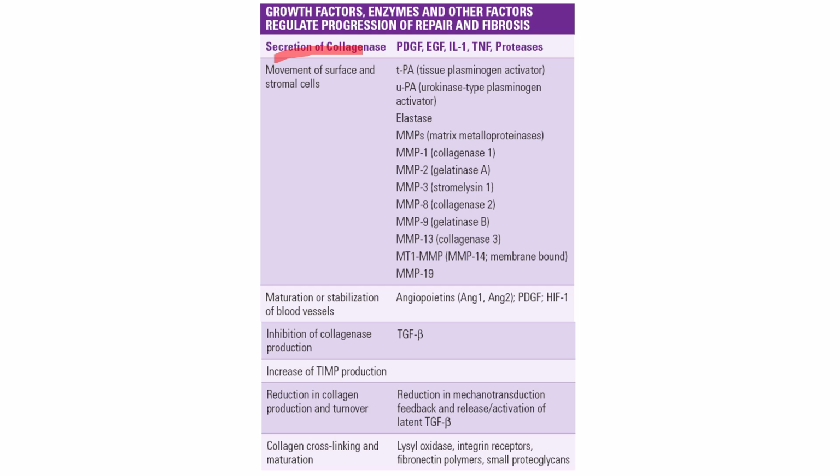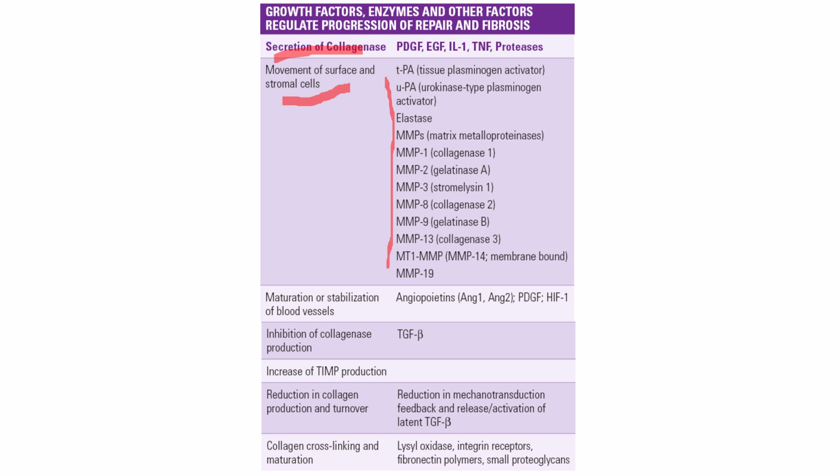And then the movement of surface and stromal cells is regulated by tissue plasminogen activator, urokinase plasminogen activator, elastases, and various matrix metalloproteinases 1, 2, 3, 8, 9, 13, 14, and 19.